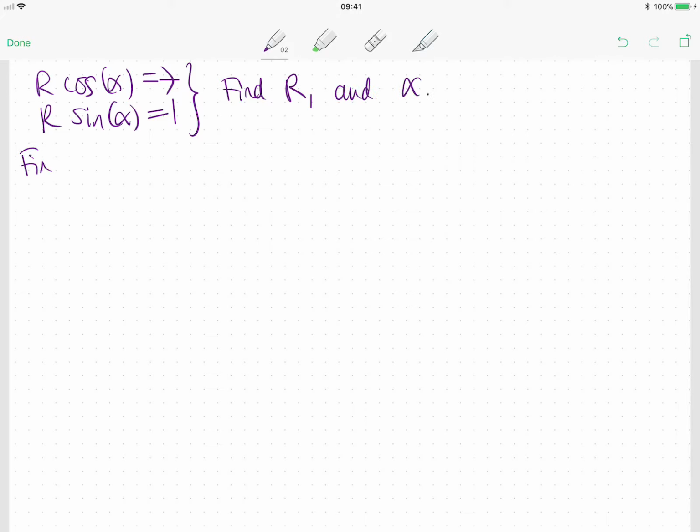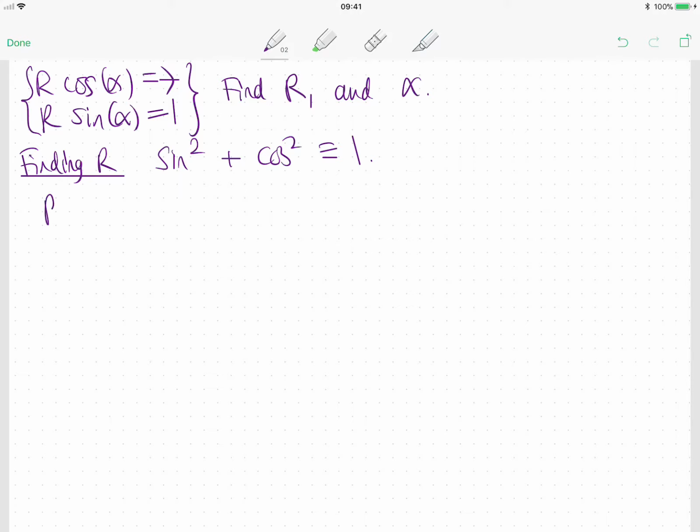So let's begin by finding r. The trick to solving these comes from the identity that sine squared plus cos squared is identical to 1. If we take our system, square each equation and add them, something quite nice happens.